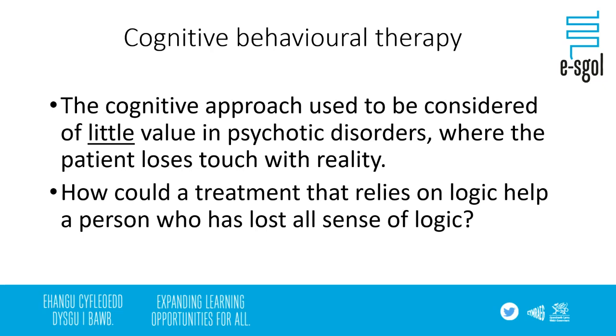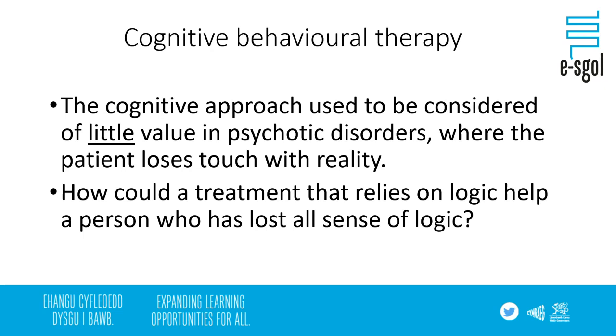And when it comes to considering the cognitive approach and schizophrenia, they don't really marry up very well, because the treatment relies on logic. It's you thinking about your thoughts and feelings and saying whether you believe they're going to come true, or saying whether you can provide evidence for or against them.